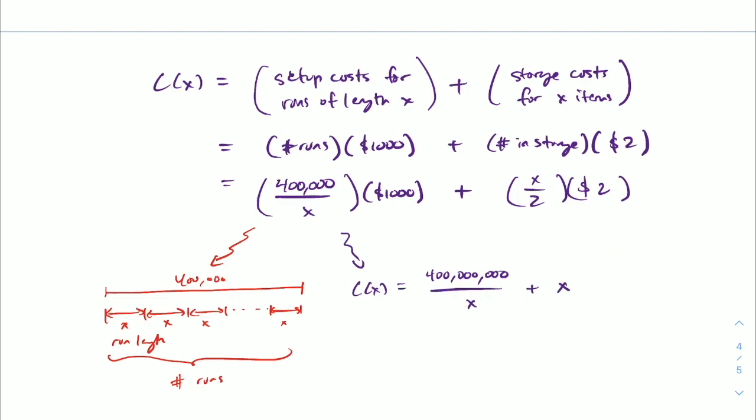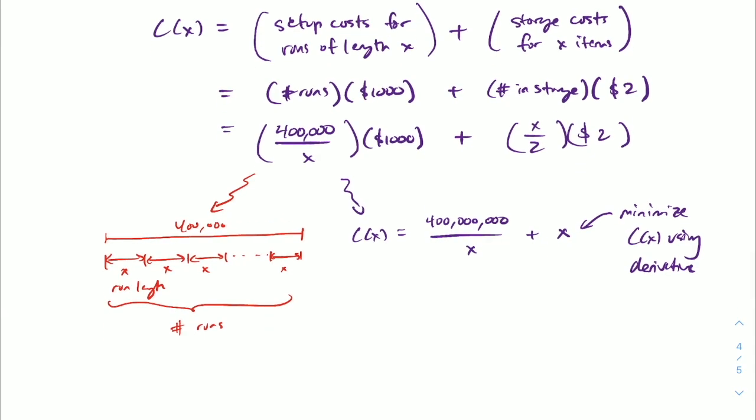Okay, so now we can minimize this function using the derivative. Okay, so if we take the derivative, we'll get c prime of x is 400 million times the derivative of 1 over x, which is negative 1 over x squared. And the derivative of x is just 1.